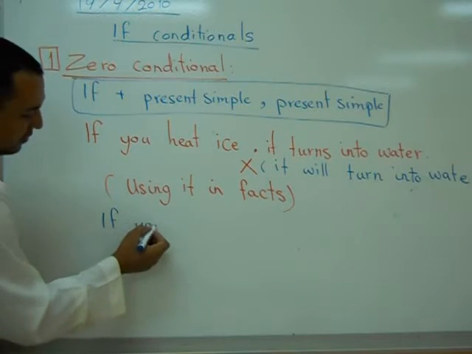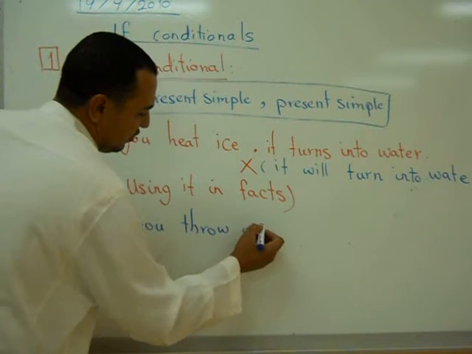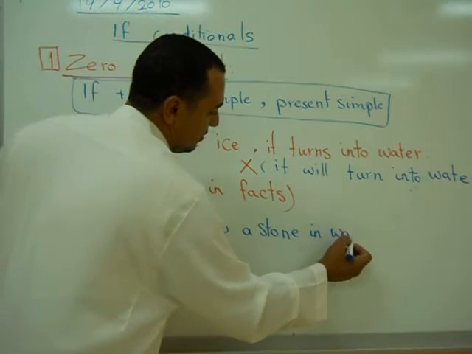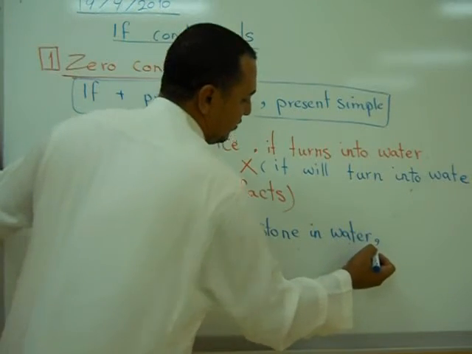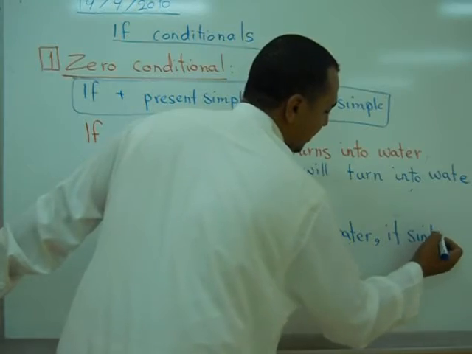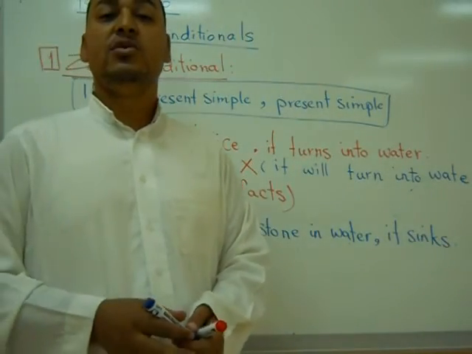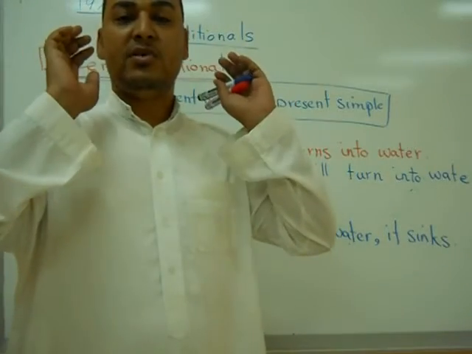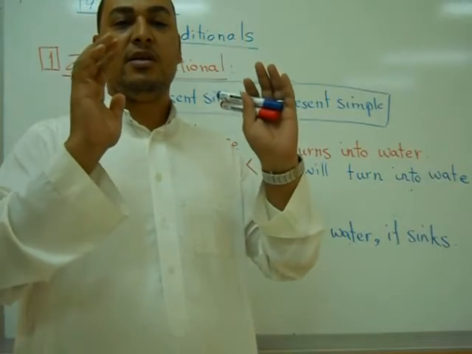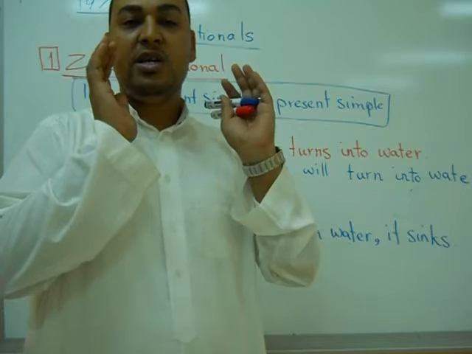If you throw a stone in water, what will happen? It sinks. We can say it will sink because we know that if we throw a piece of stone or a big stone in water, it will go down surely.